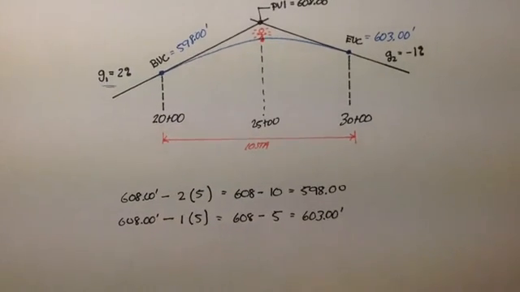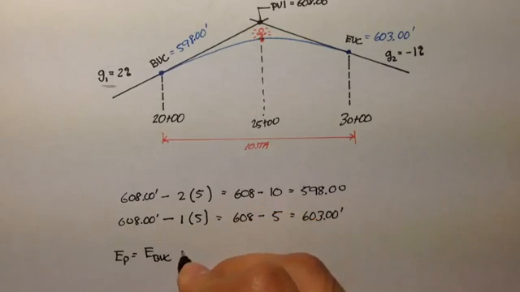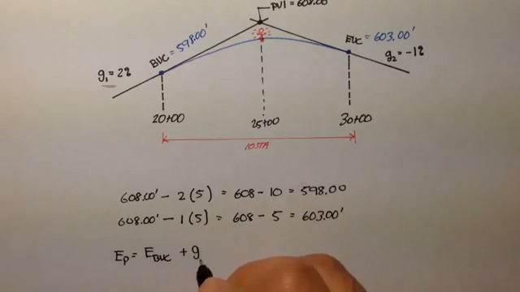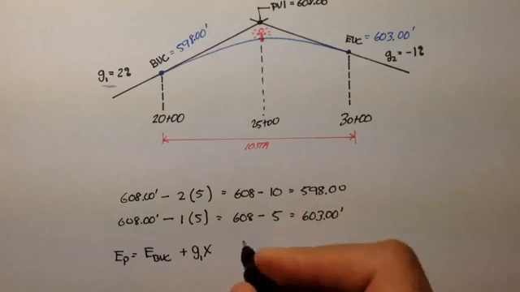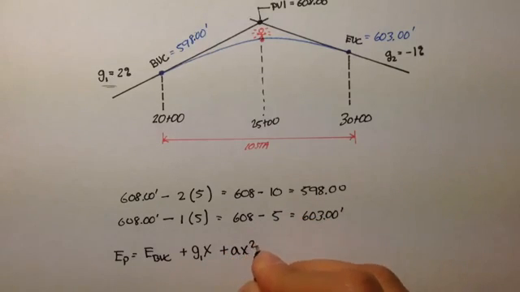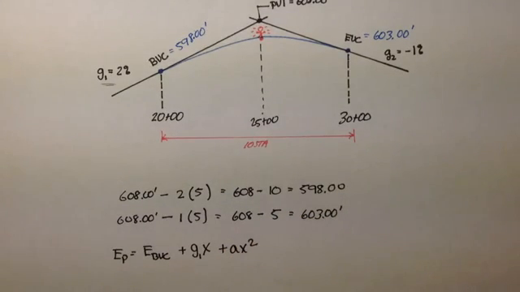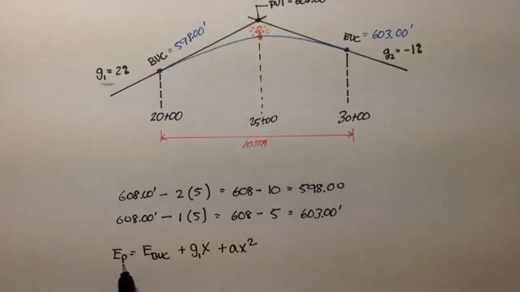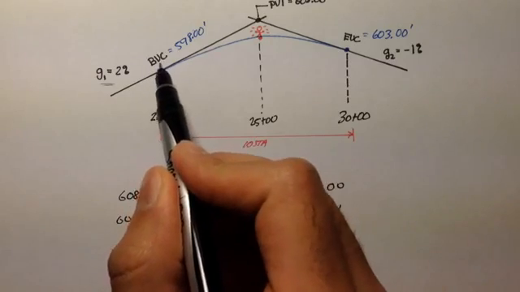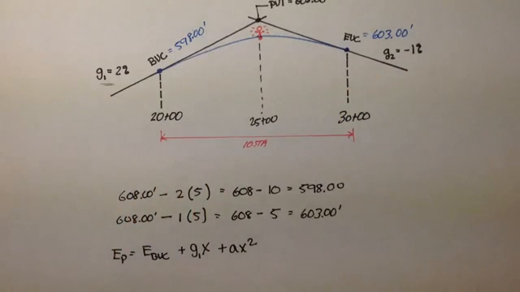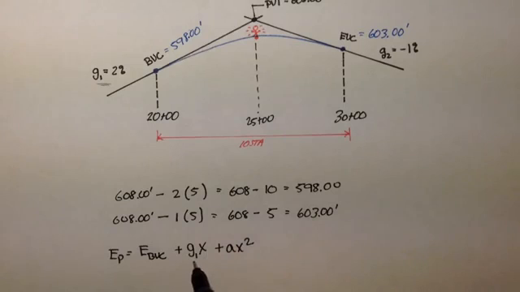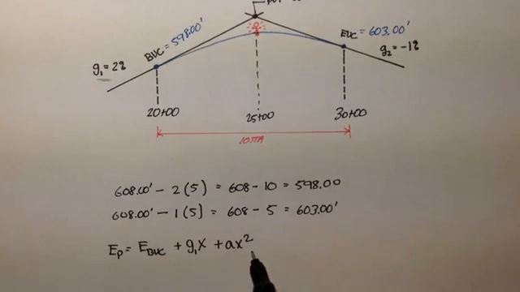The equation is EP equals E BVC plus the entering tangent grade times the distance x, plus ax squared. EP is the elevation of any point along this curve, E BVC is the elevation of the beginning of vertical curvature, and we just figured that out. That was 598, right? Plus grade 1 times x plus the term ax squared.